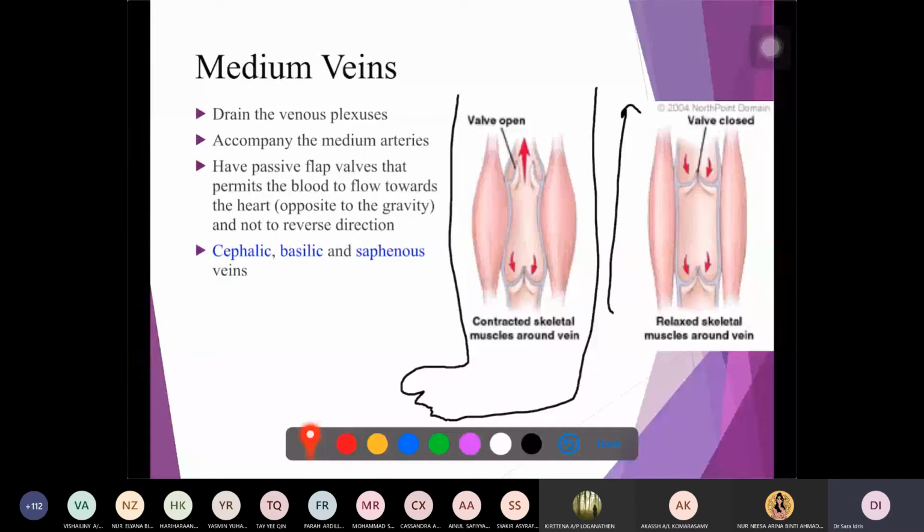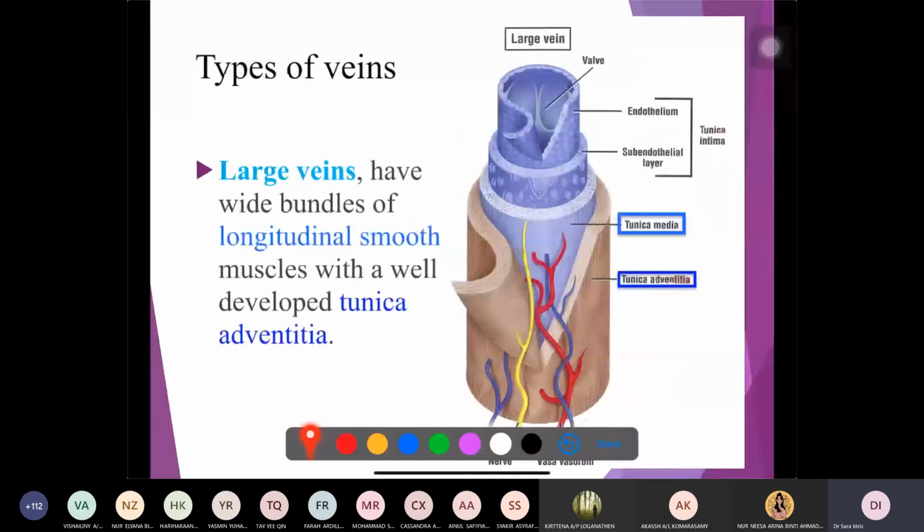So first you have the valve that will help you to not have stasis of blood, but you also have your skeletal muscle to help nudge the flow upwards, against gravity and towards the heart. That's why you always need to move around and ensure that your blood is constantly moving in your venous system. Okay, so that was medium veins, and then you have your large veins.